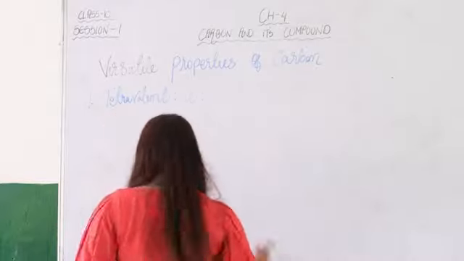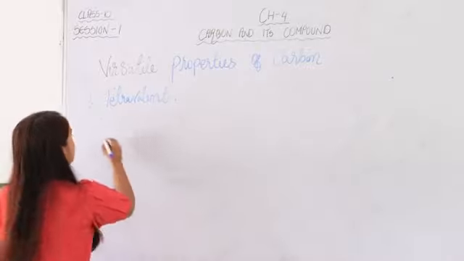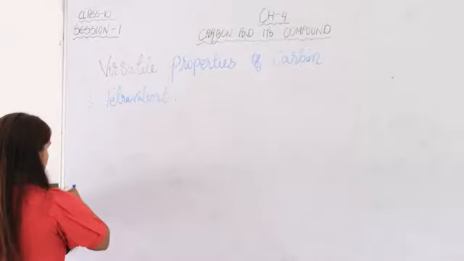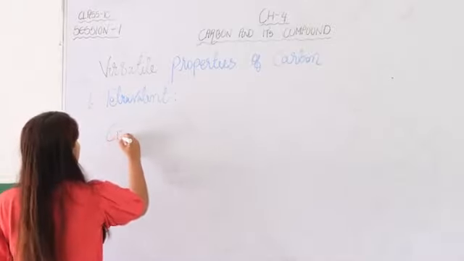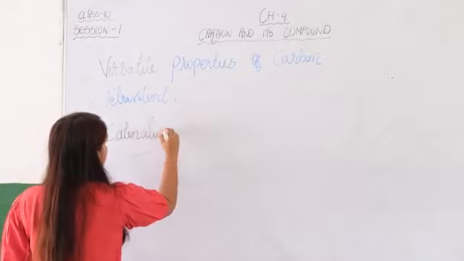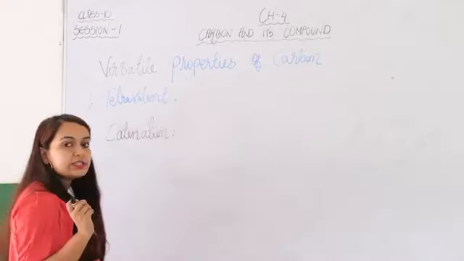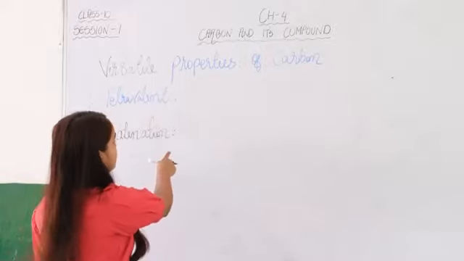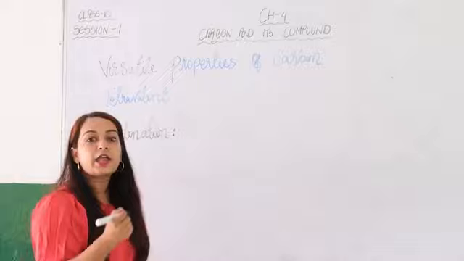Now the second property, and a very versatile property of carbon, is catenation. What is catenation? Catenation is the self-linkage property of carbon to link with its similar kind of atoms.